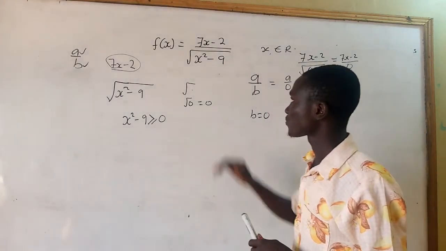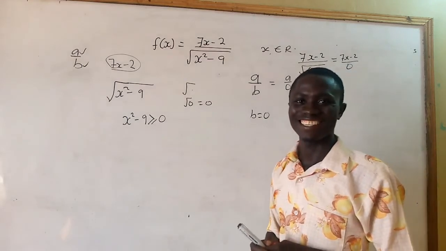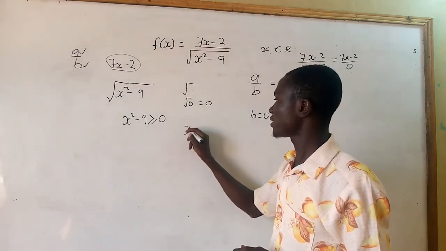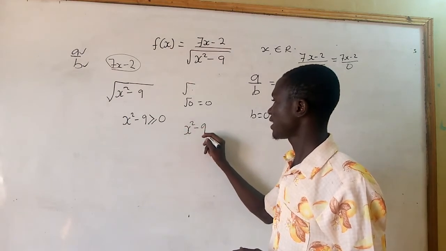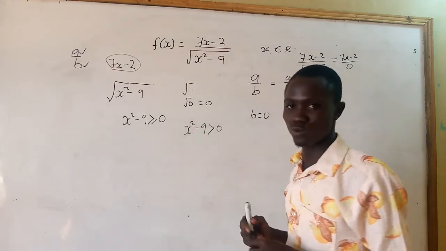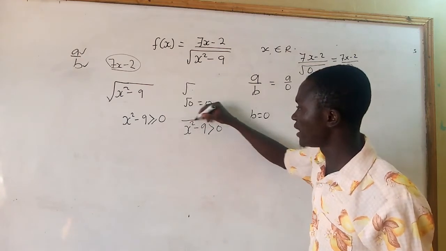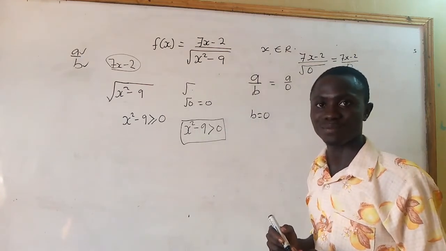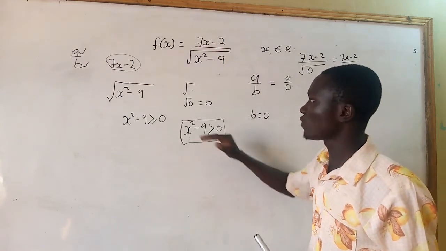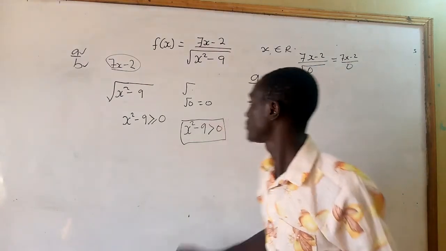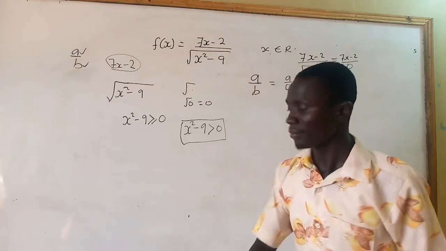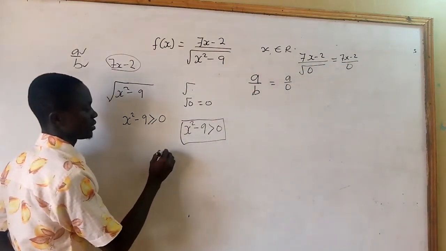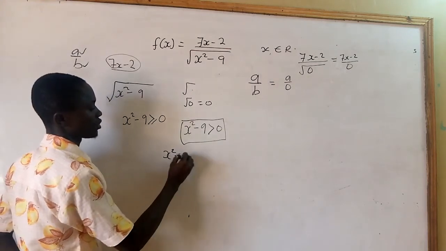So here, what should we write? We are going to take x squared minus 9 greater than 0. This will be the domain of the rational function. So let us solve this quadratic inequality. Now, we are going to have x squared minus 9.